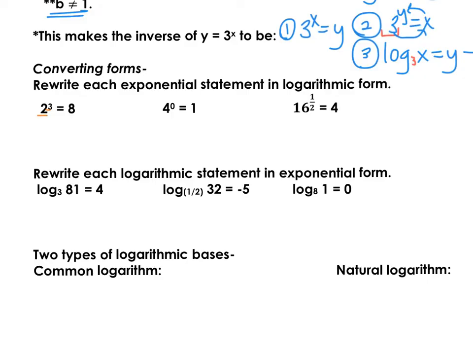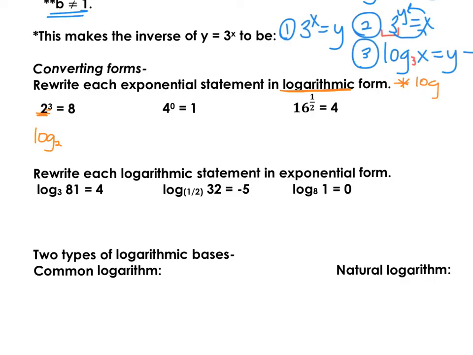Now, if we want to convert it to logarithm form, that means we have to have that log in our answer. So it's kind of like our step 3 up above, that looping process. Start with log as your prefix, and then recognize the base. In that exponential function, the base is 2. So that's that little sub number that we write.